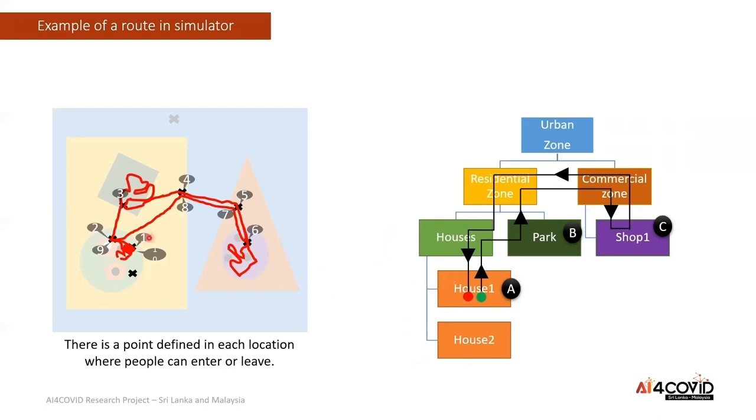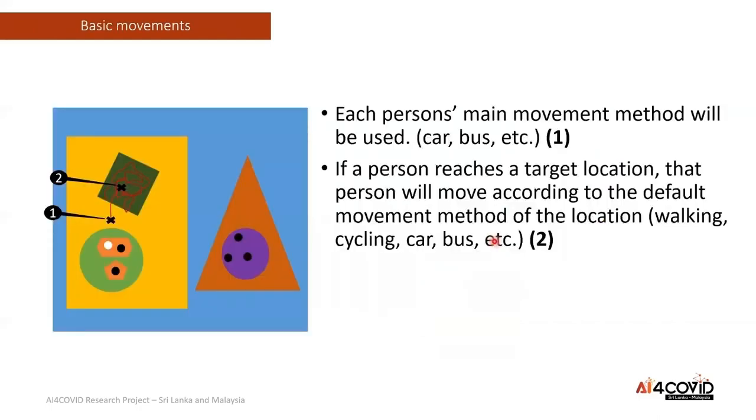Of course he's going to make these random movements when they are at the park, and he will go to these destinations when they're going from place A to place B. So these are the two kinds of movement patterns in the simulator. If they are staying at a given location, we can define different kinds of motions, like a random motion, and they will use different kinds of movement methods.